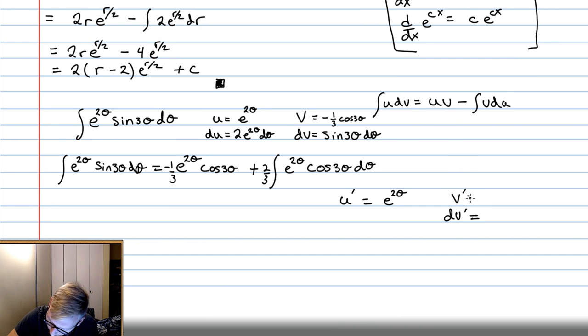So du prime would be 2e to the 2 theta d theta, just like before. And now we've got dv prime is cos of 3 theta d theta. And what's the integral of that? So 1 over 3, just like last time, no minus sign this time, sine of 3 theta.